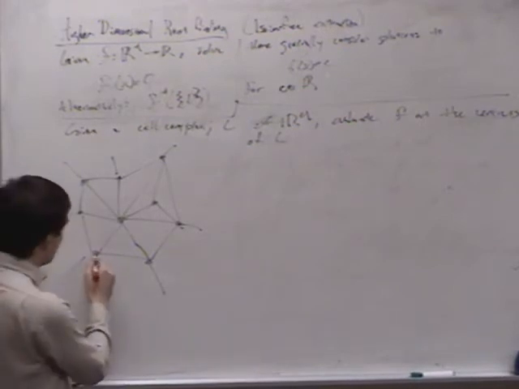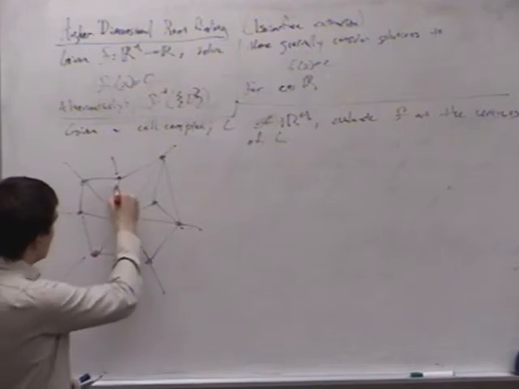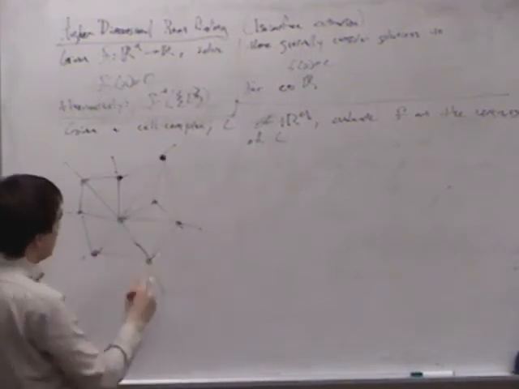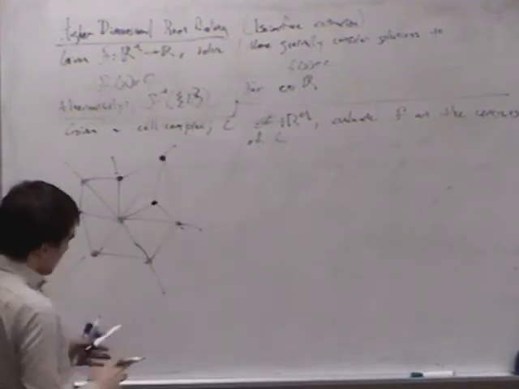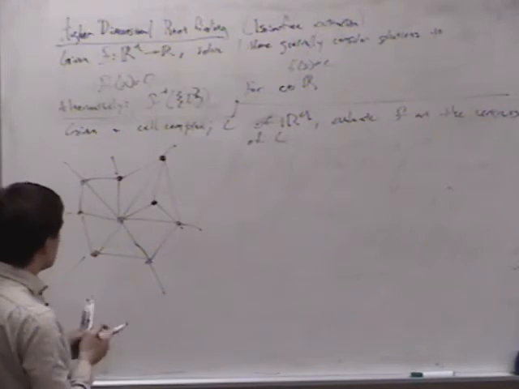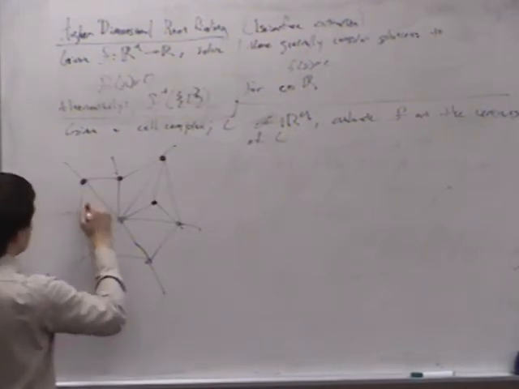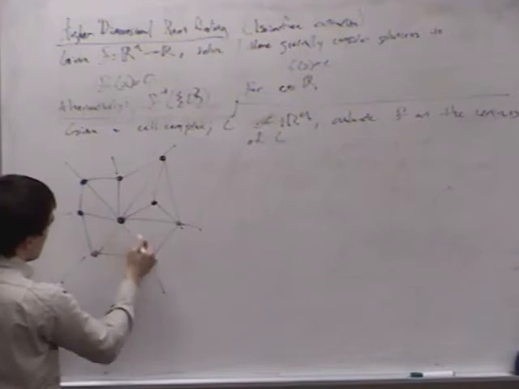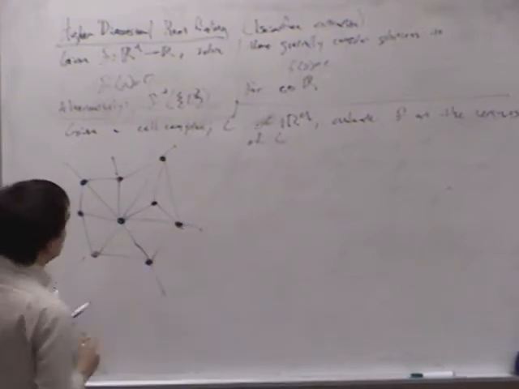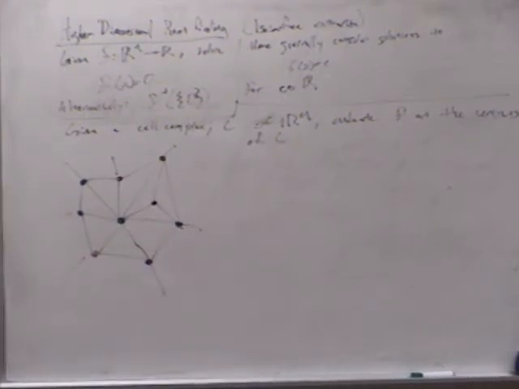So for example, maybe f is bigger here, bigger here, bigger here, bigger here, and then it's smaller everywhere else, right? So each of these points are blue, and the others are red. So this would be the idea.